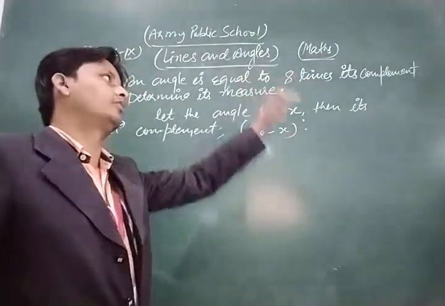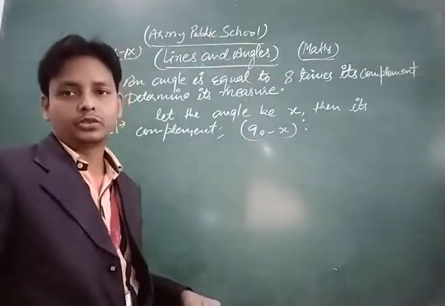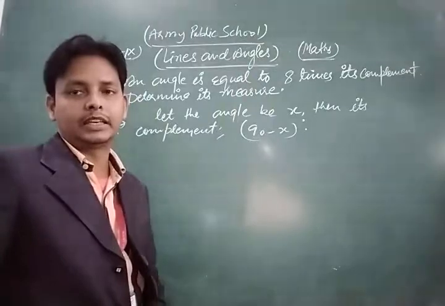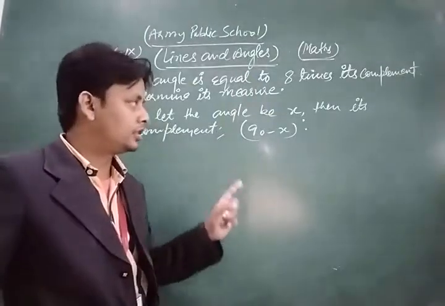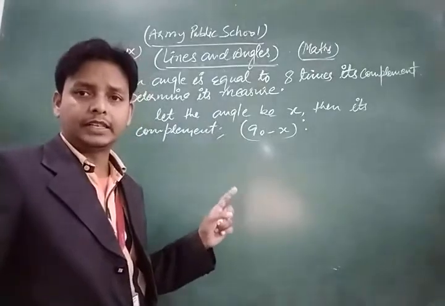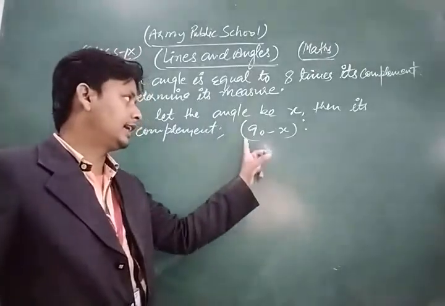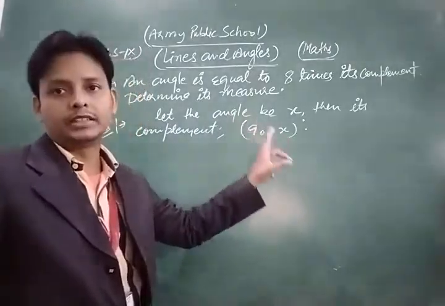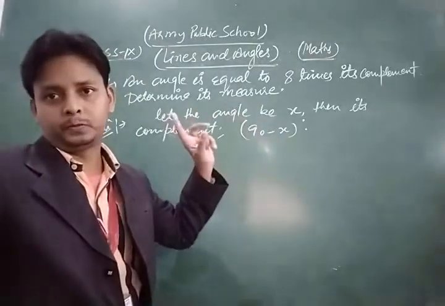So in questions based on complementary angles, if you choose one angle as x, then the other is 90 minus x.